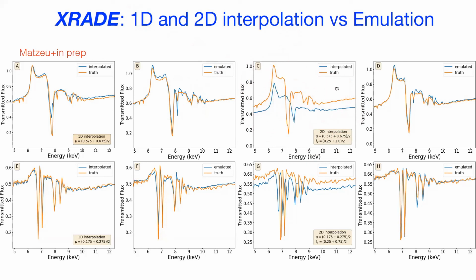And if you go to 3D or 4D, it gets worse and worse. The emulation actually does a good job. It's not perfect, and I'll tell you a little bit later why: there are some fractional errors, which have nothing to do with this. But you see it does a better job.